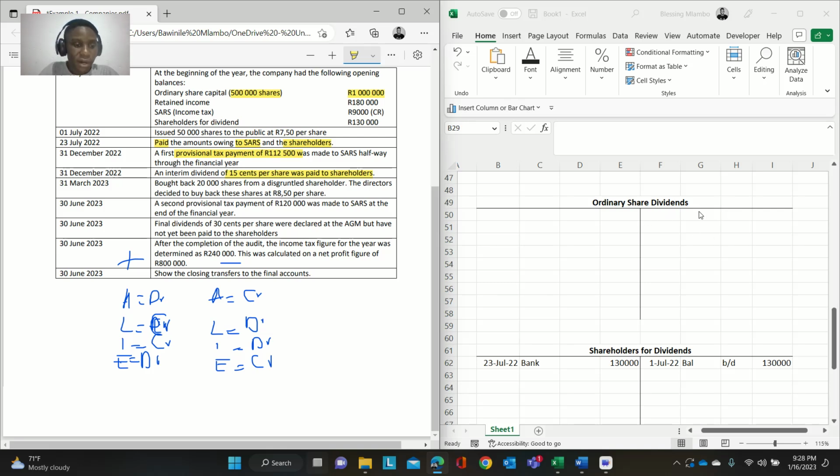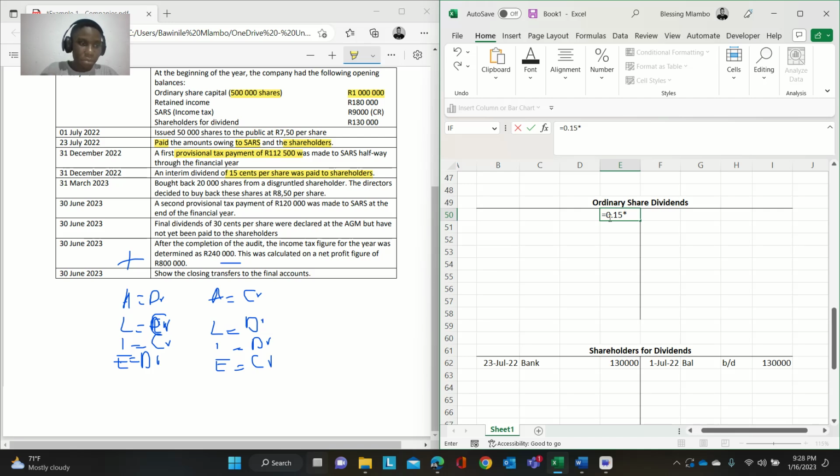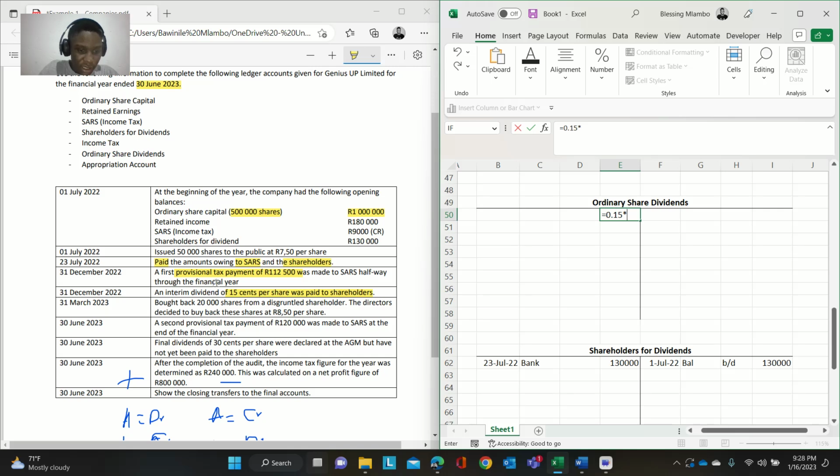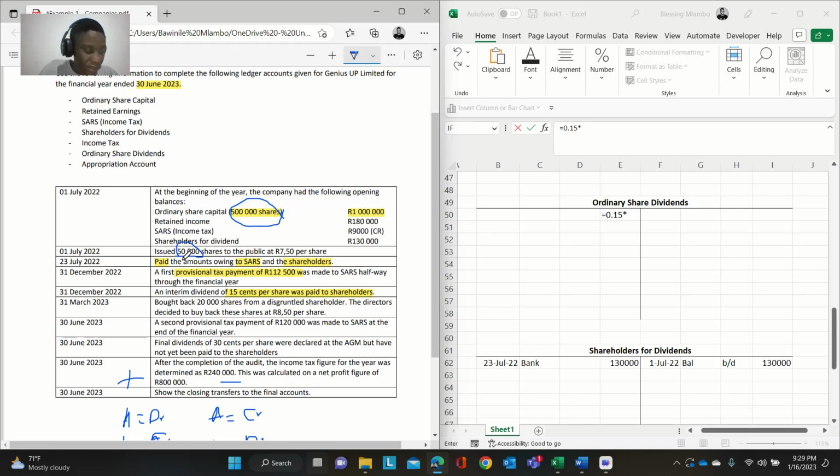Remember, I said whenever a company declares a dividend, the ordinary share dividends account is debited. So we're going to debit this account by 15 cents times the number of shares that were in issue on that date. The number of shares in issue is the 500,000 shares at the beginning, plus the 550,000 shares we issued on the 1st of July 2022.